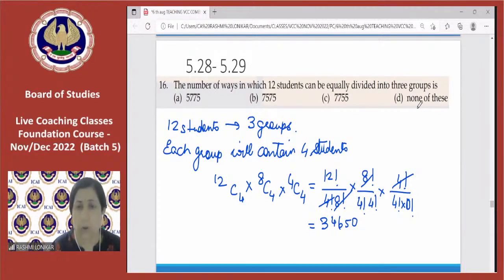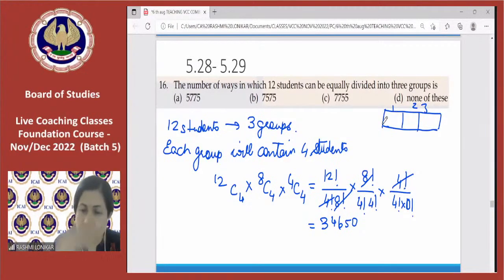Okay, now what happened was I have to form 3 groups. Group number 1, group number 2, group number 3. In group number 1, when I started, I had 12 students. So I put 4 students here. Okay, 1, 2, 3, 4. Once I've put those 4 students, what will happen?